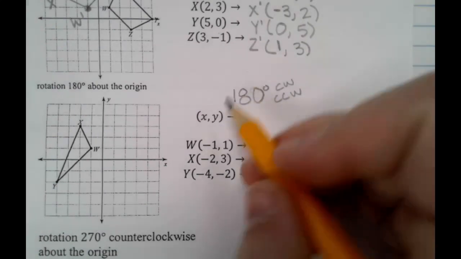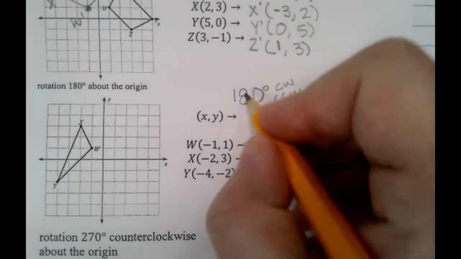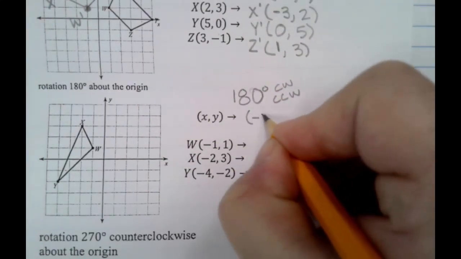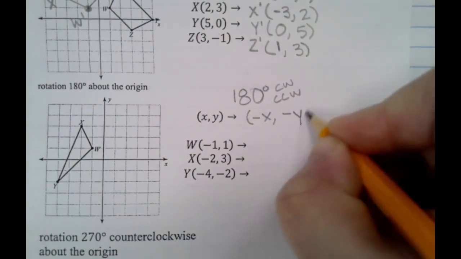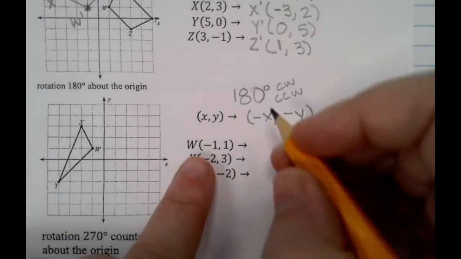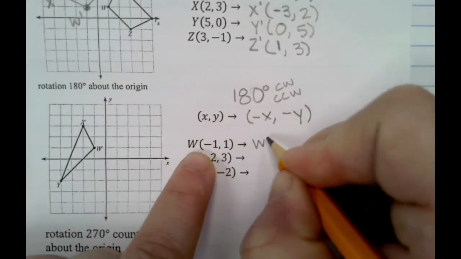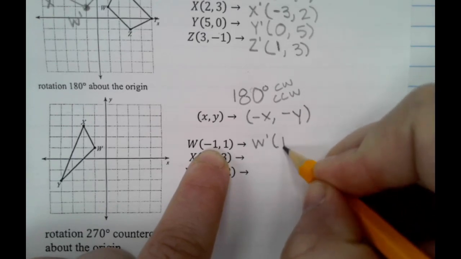All right, and our rule tells us that we're going to take our original XY ordered pair and make it opposite X, opposite Y. So pretty much we're just taking the ordered pair. We're not going to switch the order. We're just flipping it from negatives to positives or positives to negatives. So keep it the same order. Just switch from positive, negative, negative, positive. So for W prime, instead of negative 1, we're going to do positive 1.